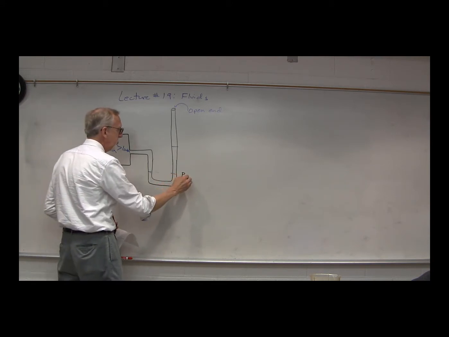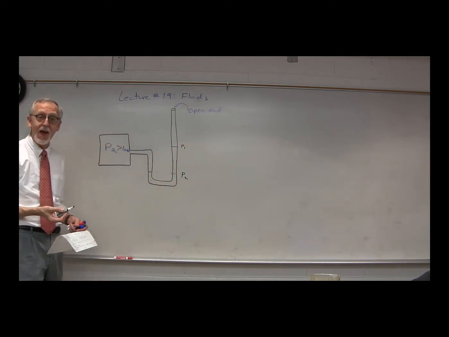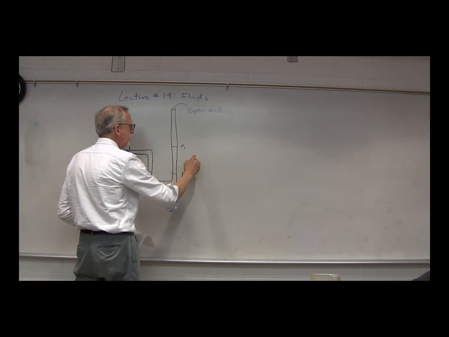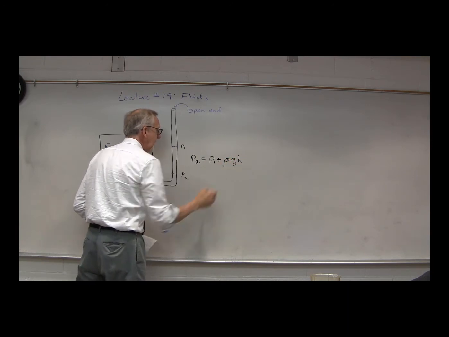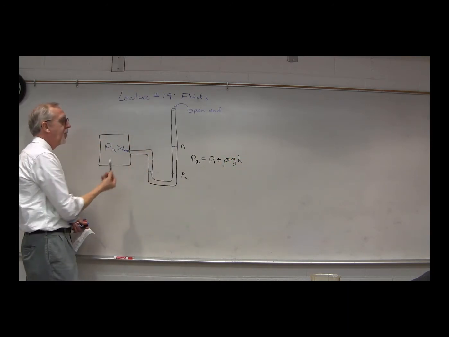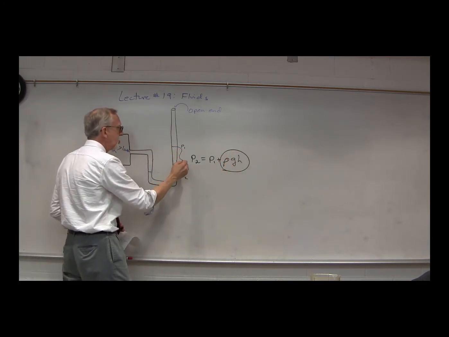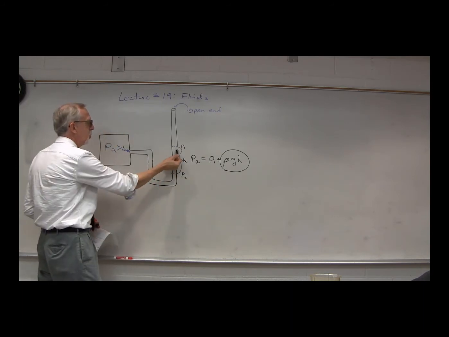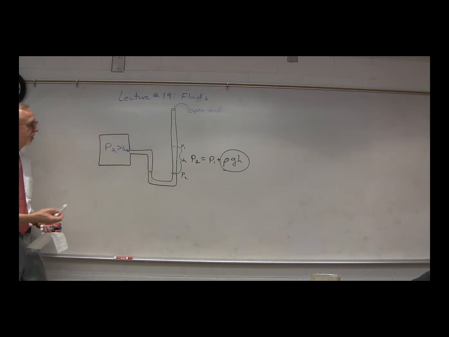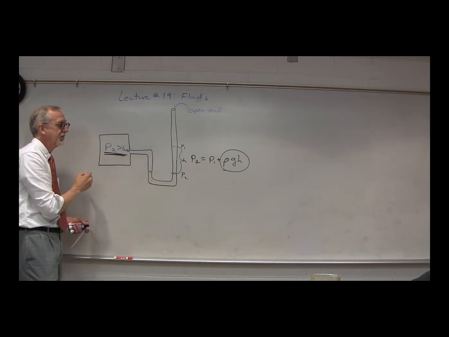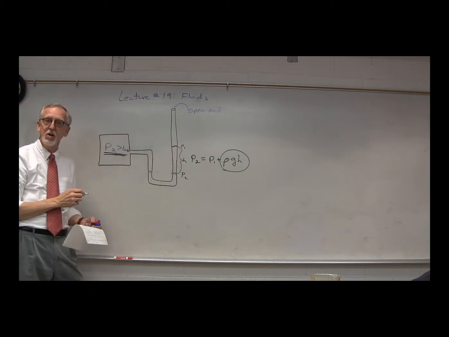Let's call this P2, and P1, the pressure up at the top of the fluid, which is 1 atmosphere. We know again that P2 must be P1 plus rho g h. In other words, the pressure here above atmospheric pressure will be rho gh, where h is the height that this fluid level is above that fluid level. So we could use this device to figure out what the pressure in here is above atmospheric pressure. We could use it to measure that pressure P2.